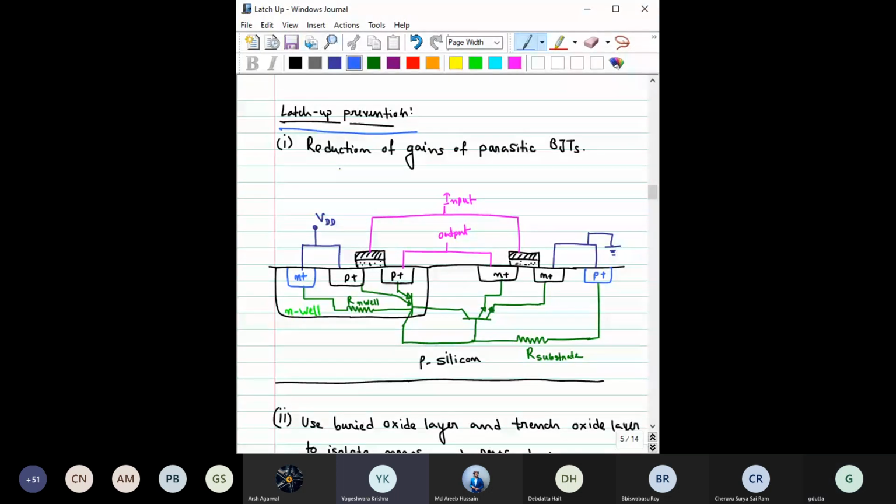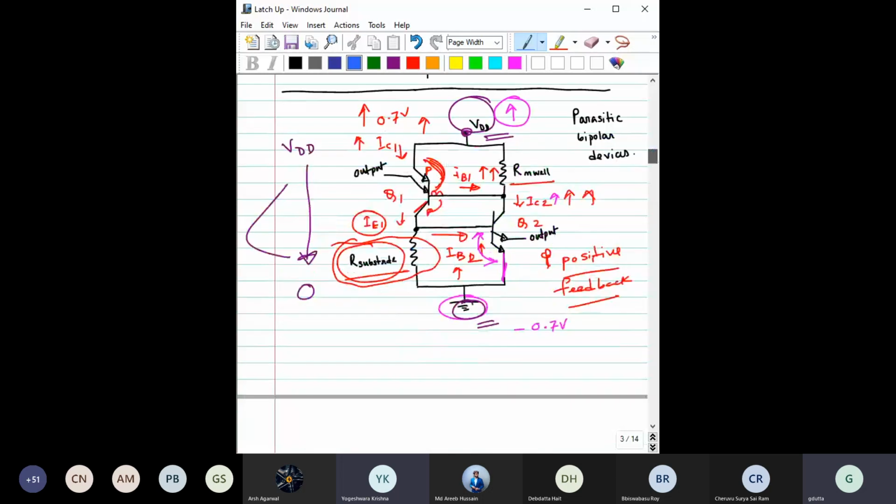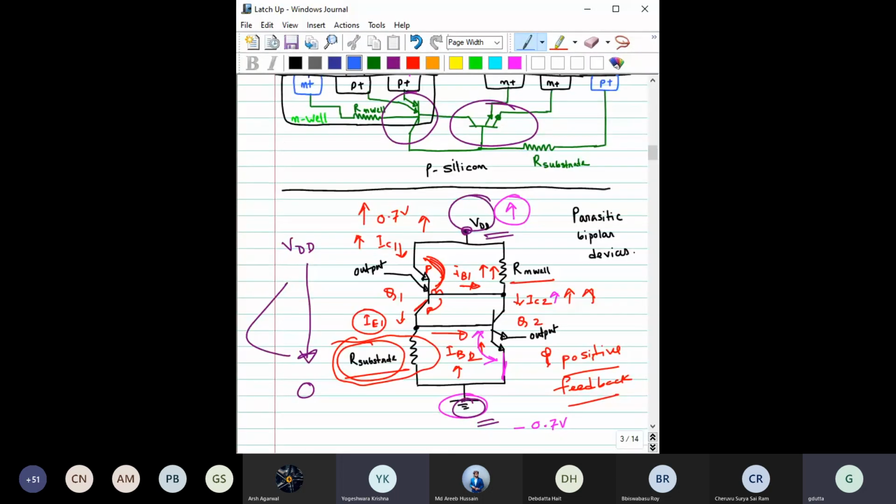Because of low resistance path, that is fine. No, the low resistance path is the result of positive feedback. But what should be the criteria of having this positive feedback?